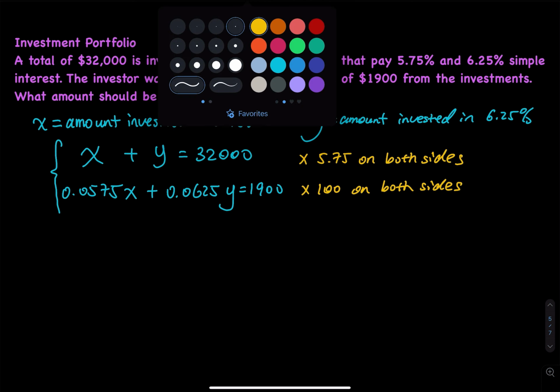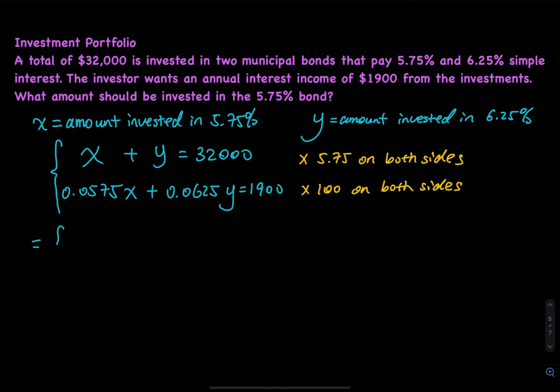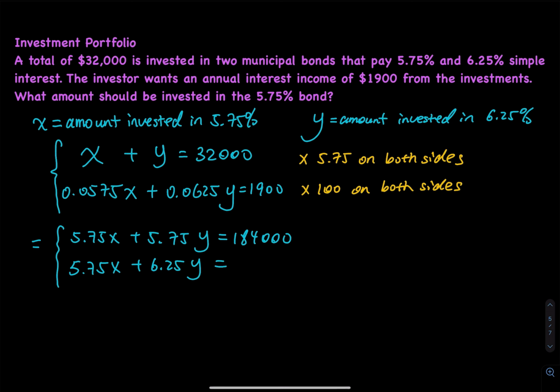This gives me the following. The first equation is 5.75x plus 5.75y equals 5.75 times 32,000, which is 184,000. And then multiplying by 100 on both sides, I have 5.75x plus 6.25y equals 190,000.